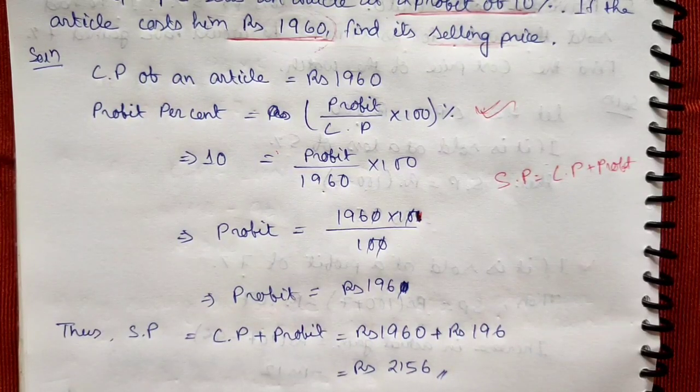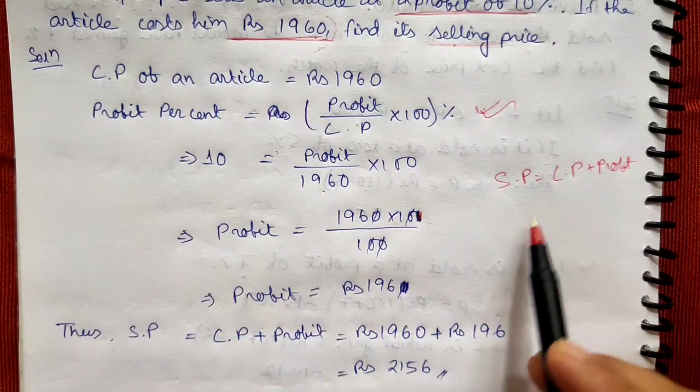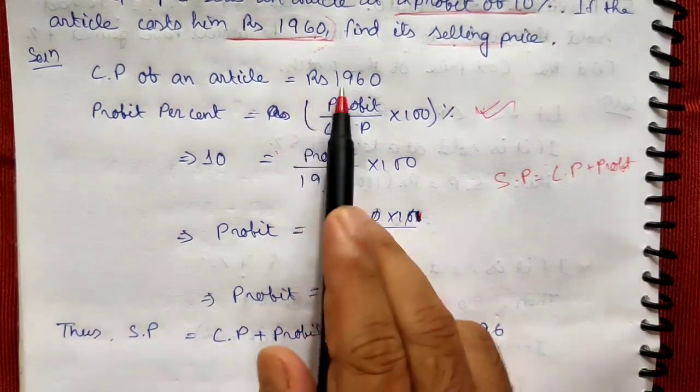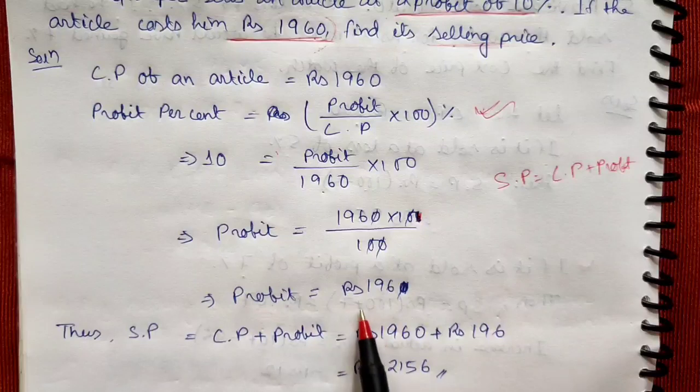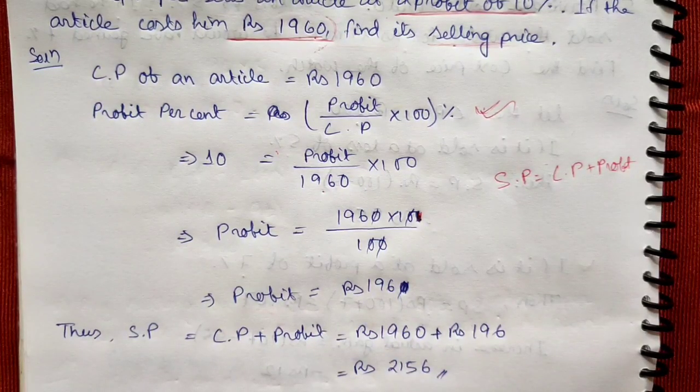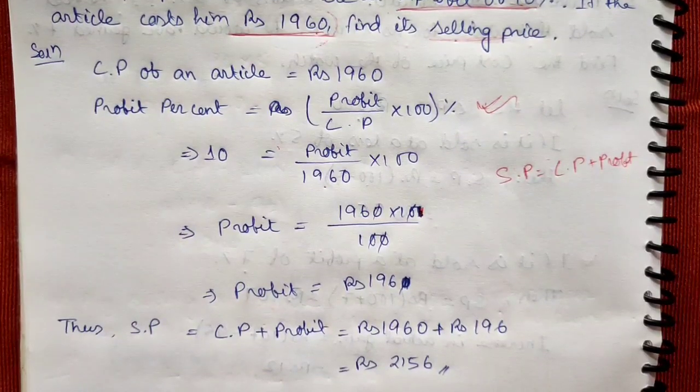Thus, SP means what? Selling price equals CP plus profit, as I told you earlier. CP is 1960, and profit is 196. So, if we find the sum of 1960 and 196, it gives 2156.